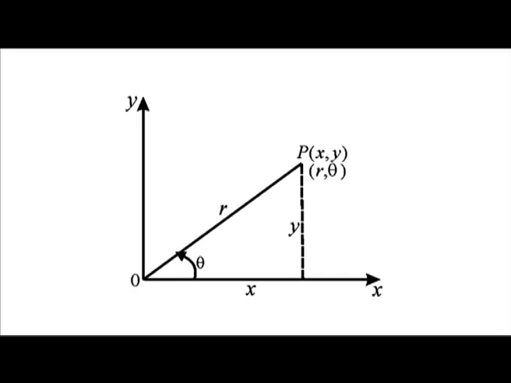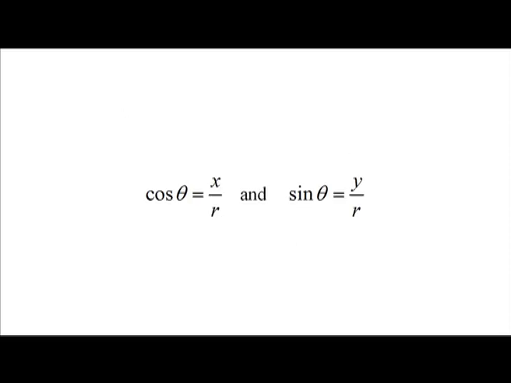Take a point on the plane and let its Cartesian coordinates be (x, y) and polar coordinates be (r, θ). Then from the right-angled triangle with hypotenuse r and legs x and y, it follows that cos θ = x/r and sin θ = y/r. Hence, x = r cos θ and y = r sin θ.